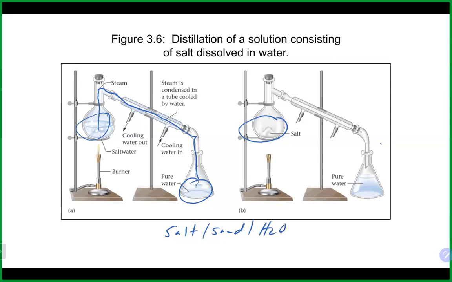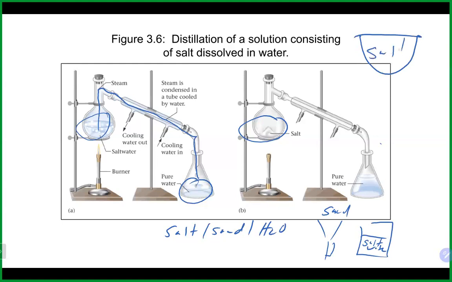So you're going to filter that, and that's going to leave your sand on your filter paper. You will then have your salt water left over. You're going to take your evaporating dish and put your salt water in there, and then you're going to heat it up. And when we heat it up on our evaporating dish, you're going to put your little watch glass on there.